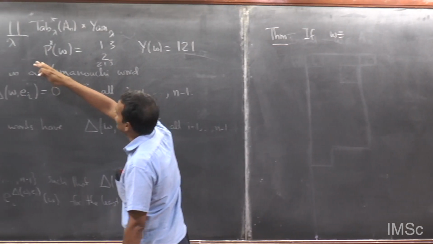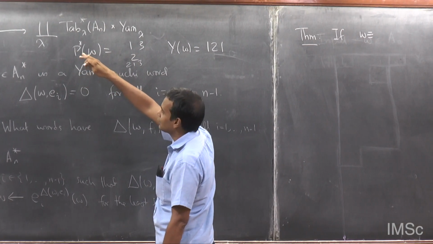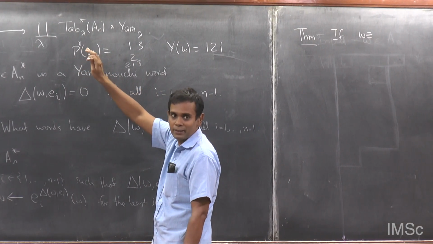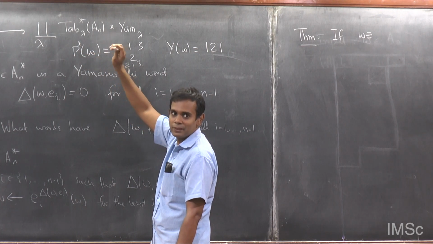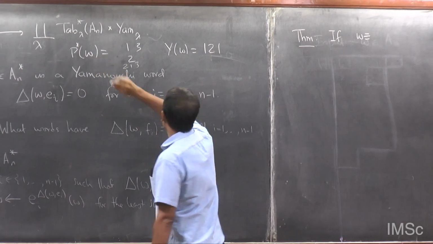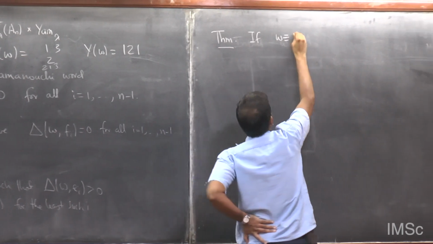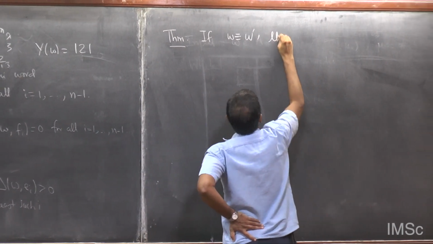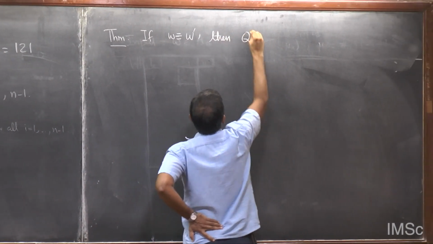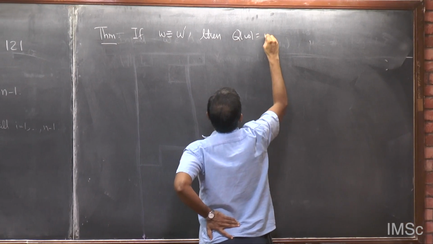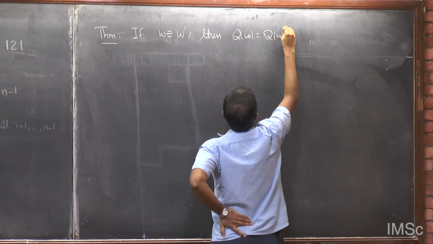This is coming from RS star, but there's a similar bijection coming from RS. I'm more comfortable with that, so I'll stick to that. Here's the theorem: if W is congruent to W prime, then Q of W is equal to Q of W prime.